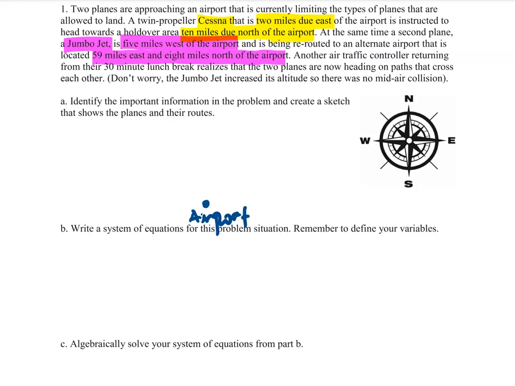Let's say this is at the origin. And it says here the first plane, Cessna, is 2 miles due east. So let's say this point here is 2 miles due east. So I'm going to use this as Cessna, and this is 2 miles.